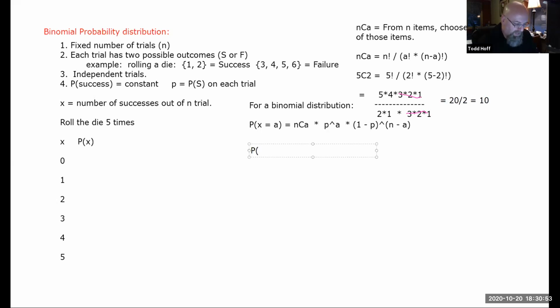So what is the probability that x equals 2? First of all, I'm going to use a shortcut notation. Probability of 2 means probability that x equals 2.